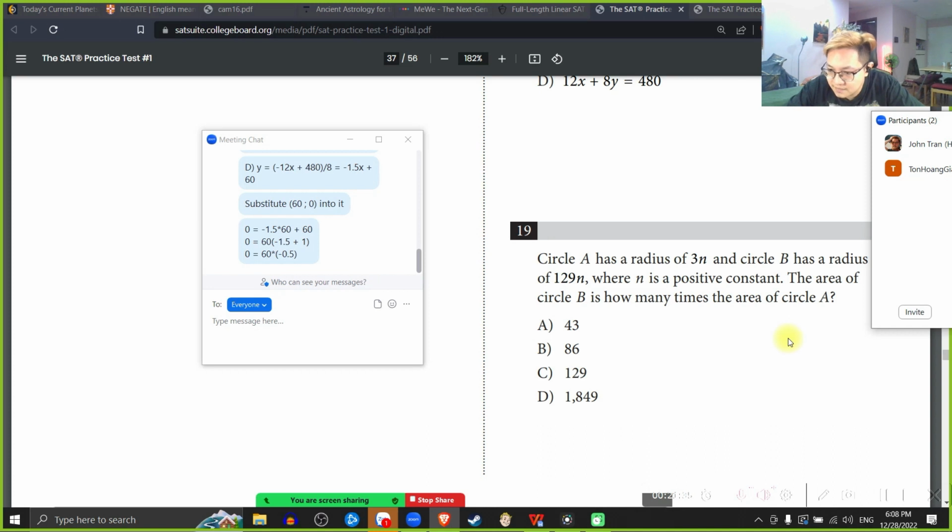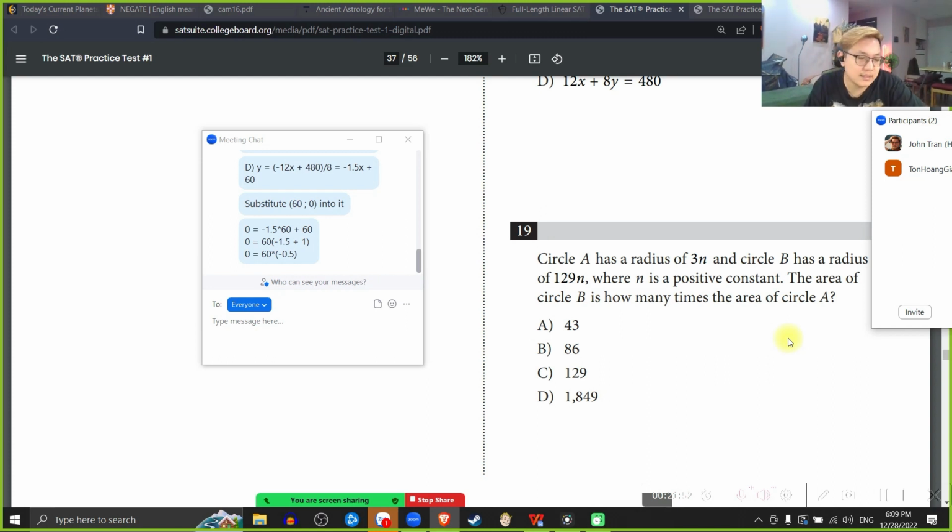The area of circle B is how many times the area of circle A? Try to read and you'll be better.